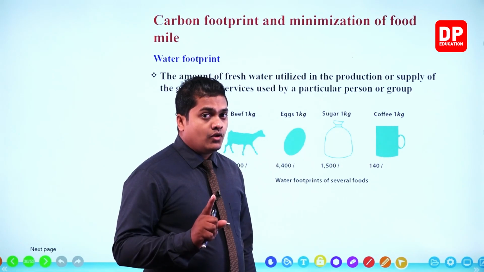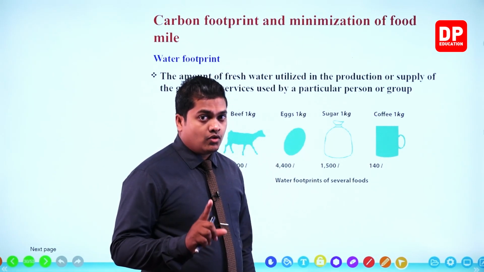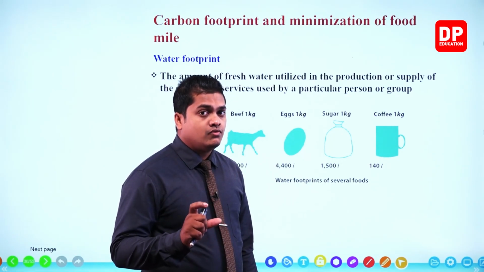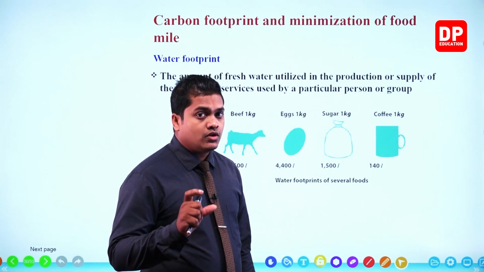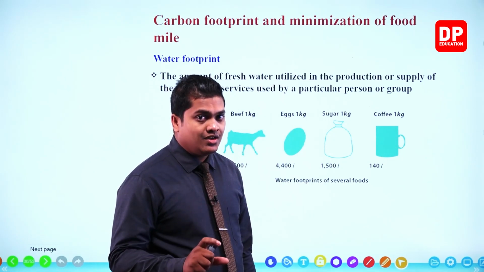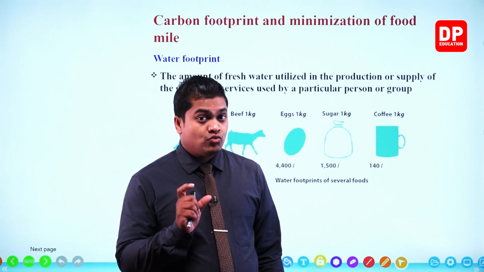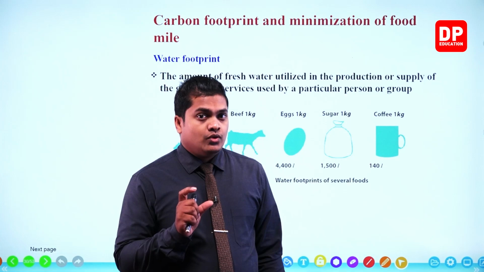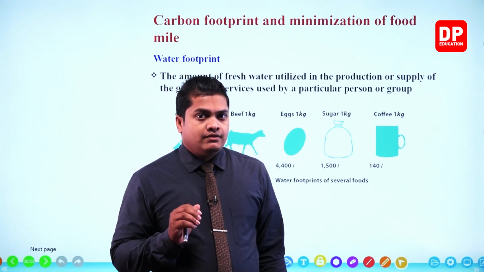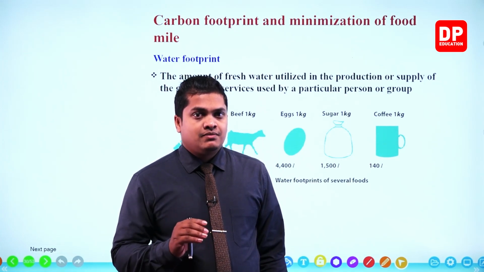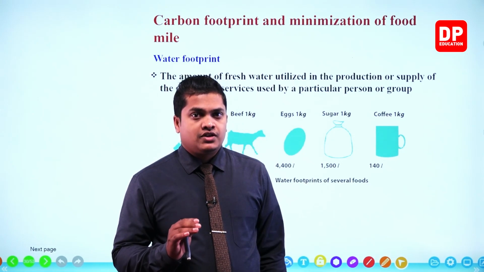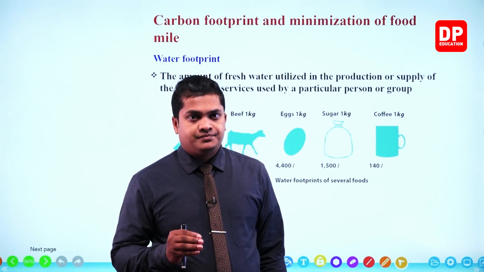Remember, all these volumes of water are reflecting fresh water that can be utilized, my dear children. Okay, fresh water. So you know that within our planet Earth, there is only about 0.01% of fresh water that can be utilized.